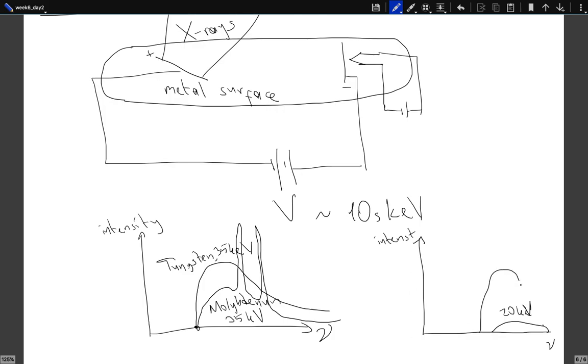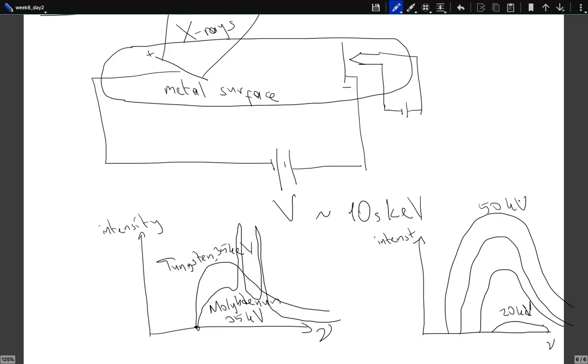Then if you increase the voltage, the highest one is 50 kilovolts. So if you accelerate the electron through 50 kilovolts, you get a larger intensity. But if you look at the frequency, again you get a similar feature as in the case of the photoelectric effect. Independent of the material, there is a minimum wavelength.